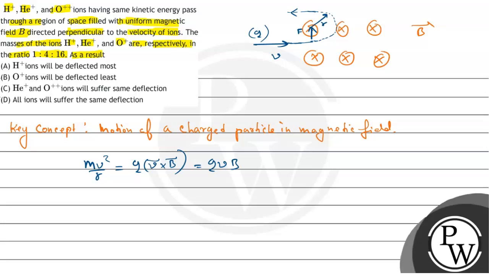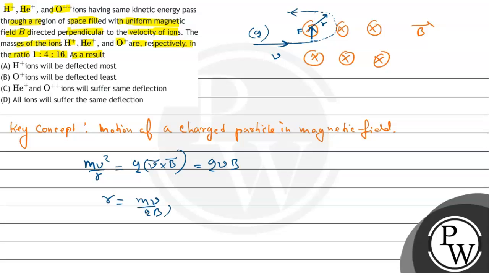And as the velocity and the magnetic field are perpendicular to each other, sin 90 degrees is 1. So mv square by r is equal to qvB. So here you can say that r is equal to mv by qB, right?